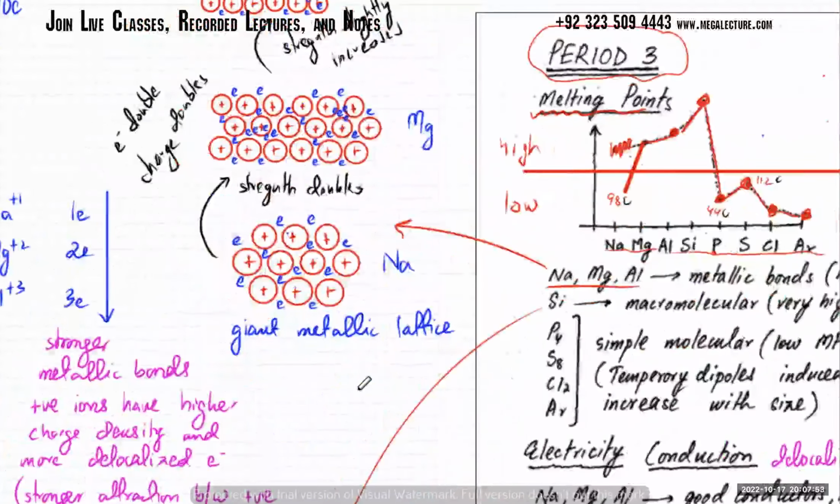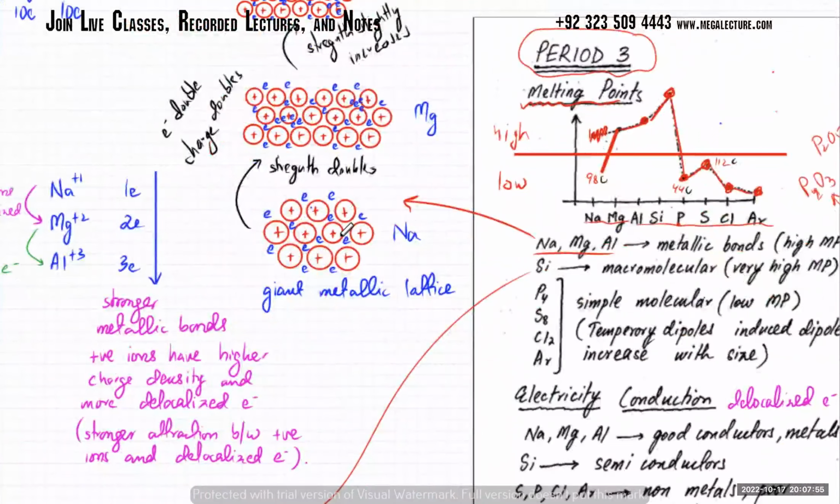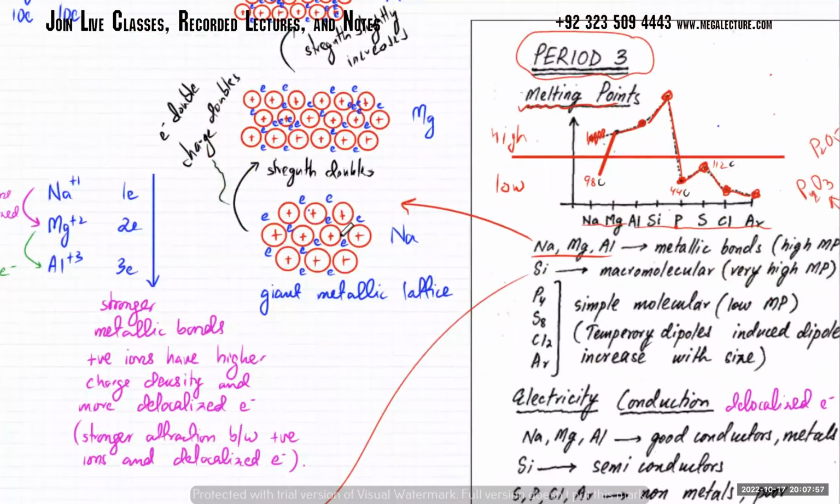And I'll add this. What a metallic bond is, is a regular arrangement of metal ions, just like your O-level stuff.